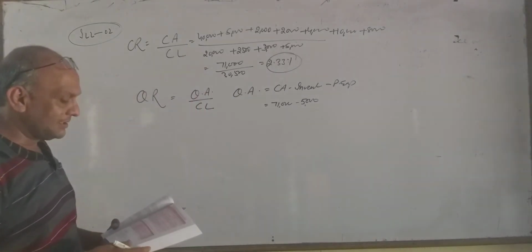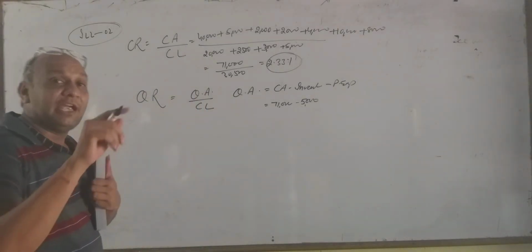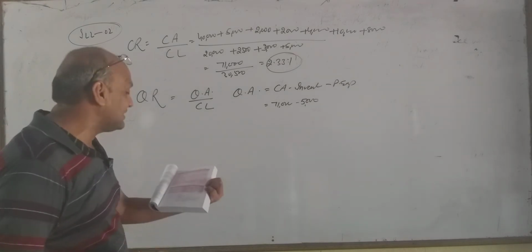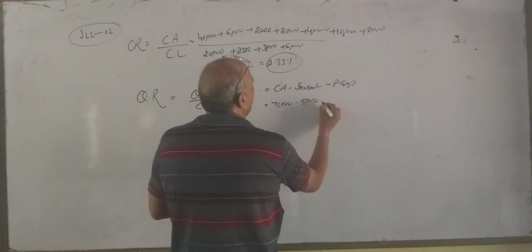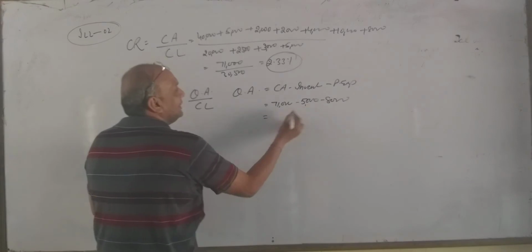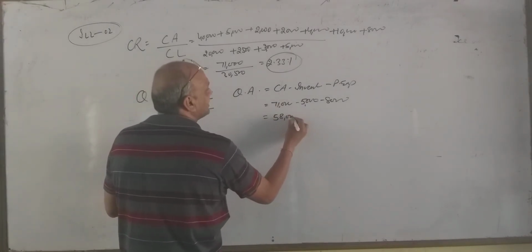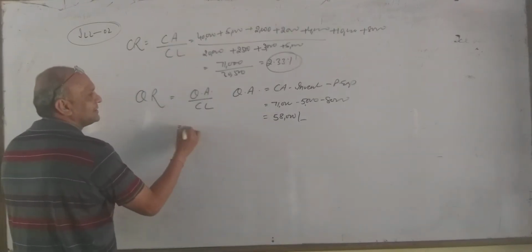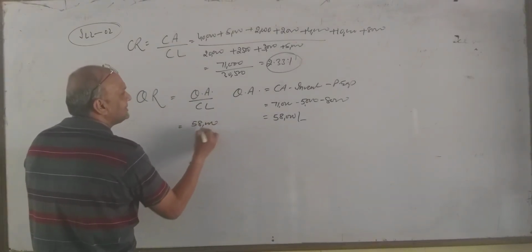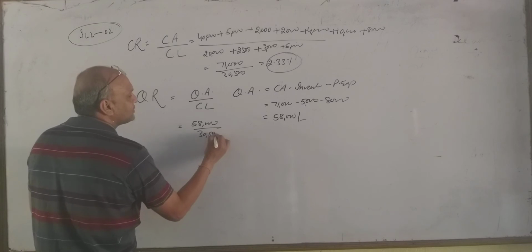And prepaid expense, it was given as advance tax. Advance tax or prepaid tax, the meaning is the same. It is rupees 8,000. So minus 8,000. So 13,000 we will deduct. So it becomes, dear, 58,000 rupees as your quick assets. So 58,000 rupees divided by 30,500.